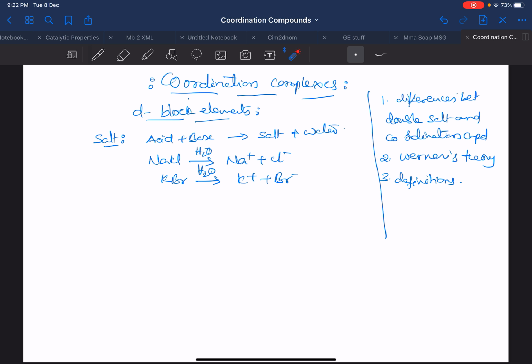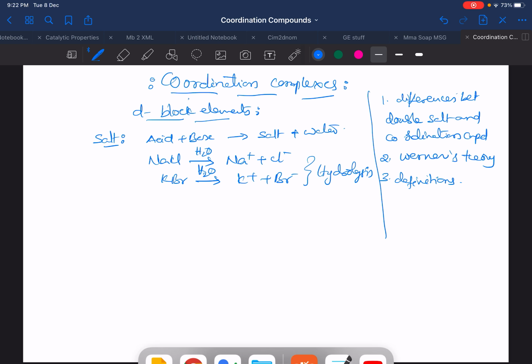This process is called hydrolysis. So by the hydrolysis of a salt, we get the individual ions present in that salt.